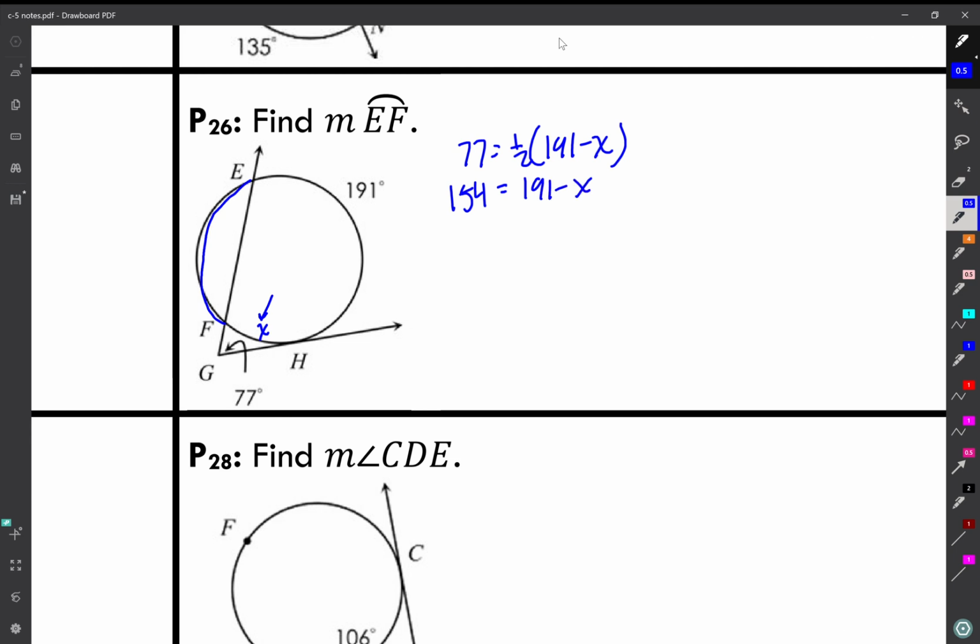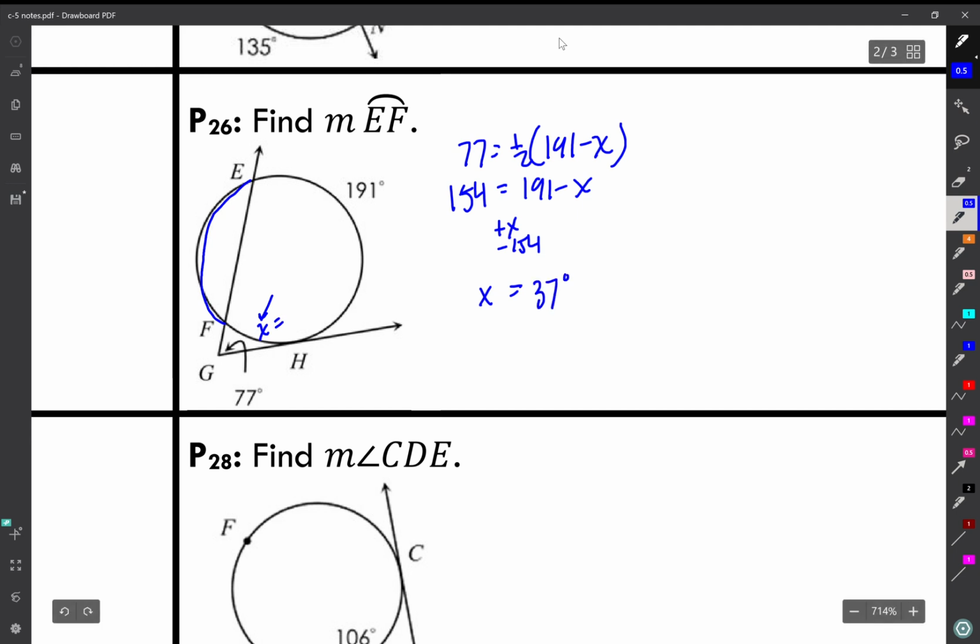I'm going to add X to both sides and then subtract 154 from both sides. That'll give me X over here because X was negative, so I brought it over to the other side. And then 191 minus the 154 will give us that that arc measure is 37 degrees.